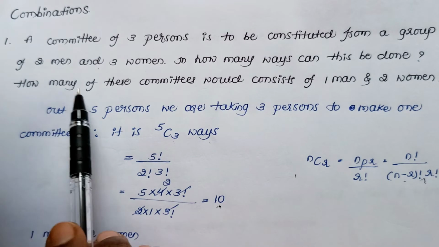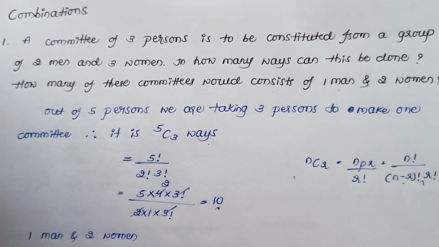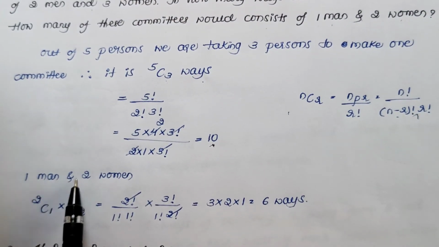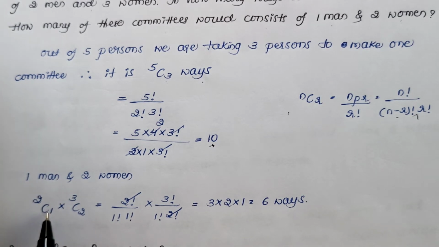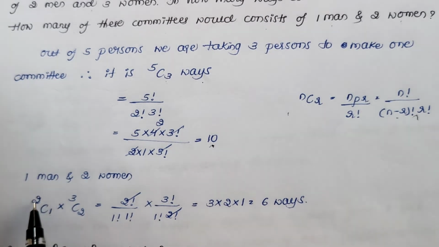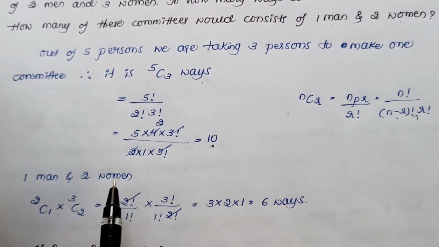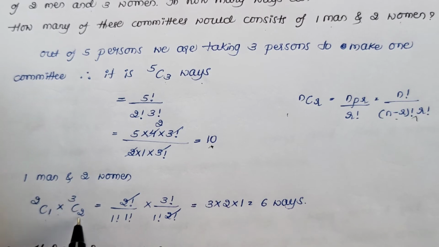Next question is, how many of these committees would consist of 1 man and 2 women? Out of 2 men, we are taking only 1 man. Therefore, it is 2C1 into, out of 3 women, we are taking 2 women, so it is 3C2.